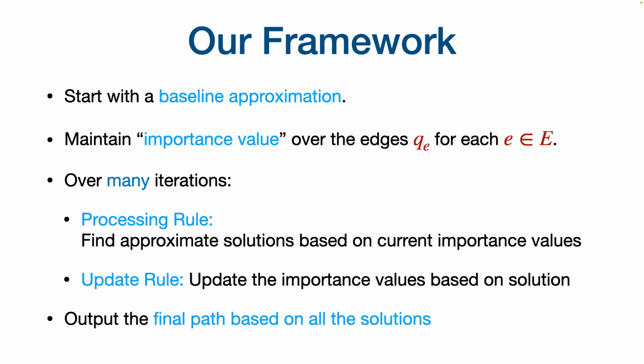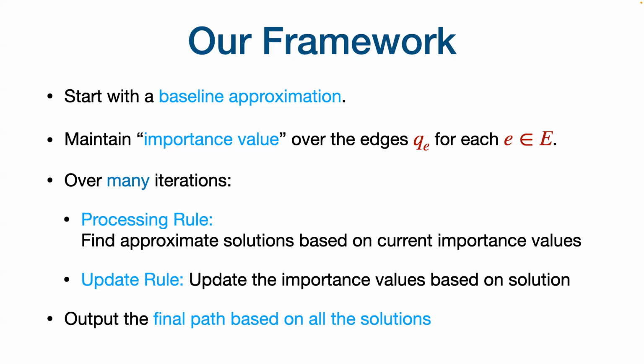And the update rule is going to do something like, okay, your importance values are not that good. You did not know what you were doing. You got yourself into a bad place. How would you change them so you can make progress later? Okay, so this is the update rule. So the importance values you can picture as a big table. And then the first one is using them to get information from the graph.